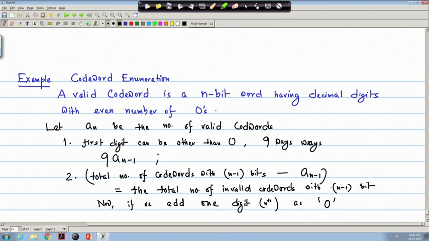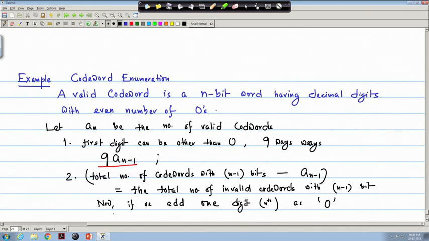So, I can tell that this 9 An minus 1 and this total number will actually give me An. Now, what is this number?